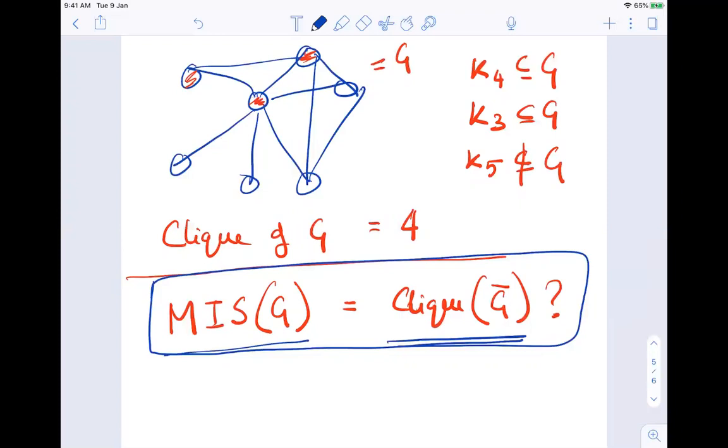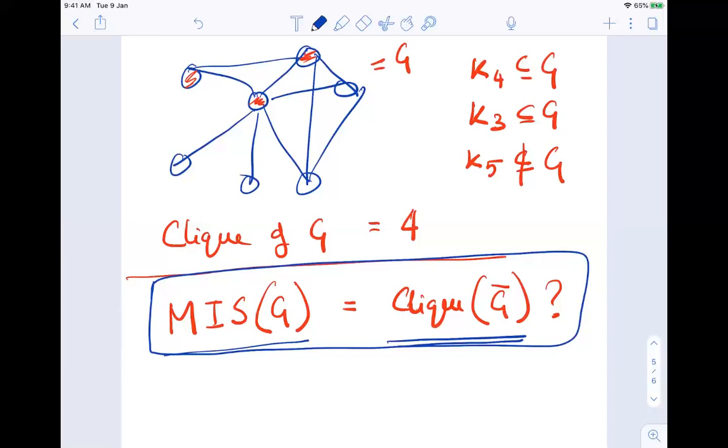The clique of G bar, those set of vertices will be an independent set of G, right? But why will it be a maximum independent set?